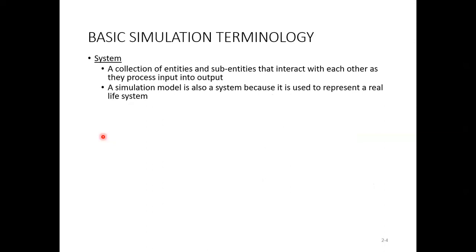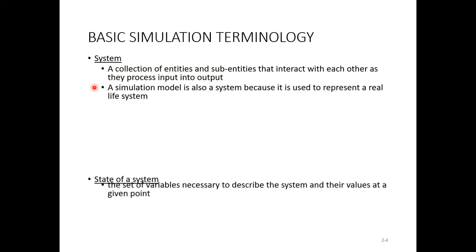The basic terminology of simulation: the first thing is the system. It's a collection of entities and sub-entities that interact with each other as they process input to output. A simulation model is also a system because it represents a real life system, but it is a statistical system.